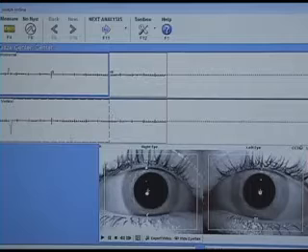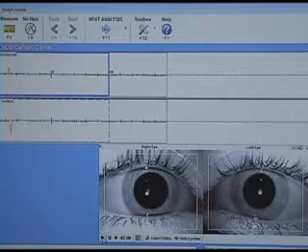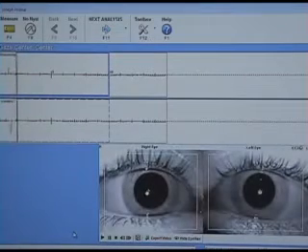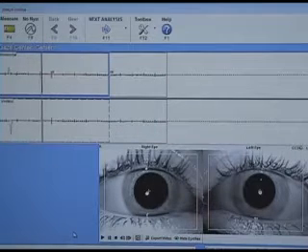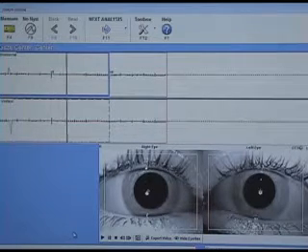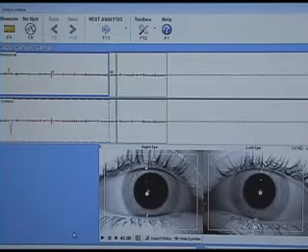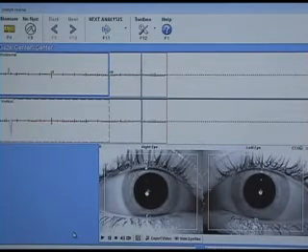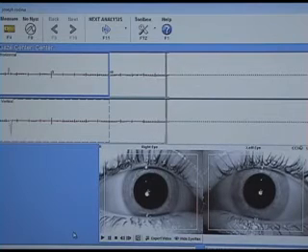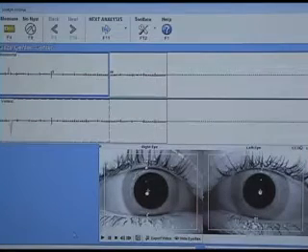When we do gaze, the eyes shouldn't move at all. So if we play this, we can actually play the video. This person's eyes are relatively stable. They're staying completely still, and they're not moving at all. That's exactly what we like to see in our testing with gaze. This would be a normal.